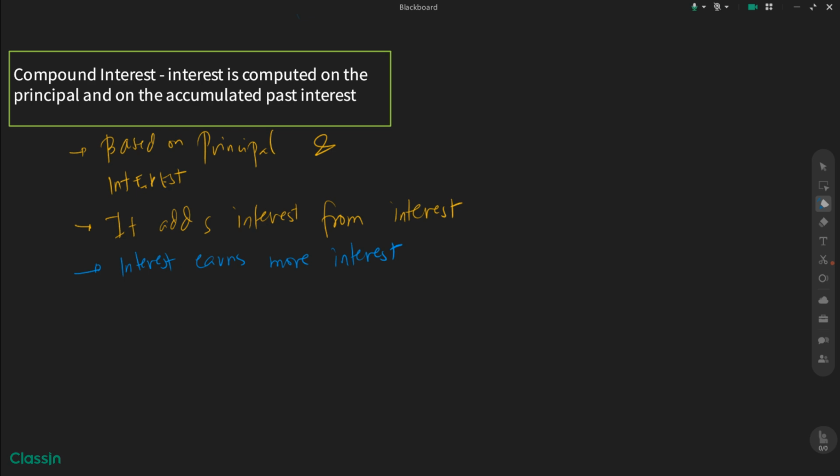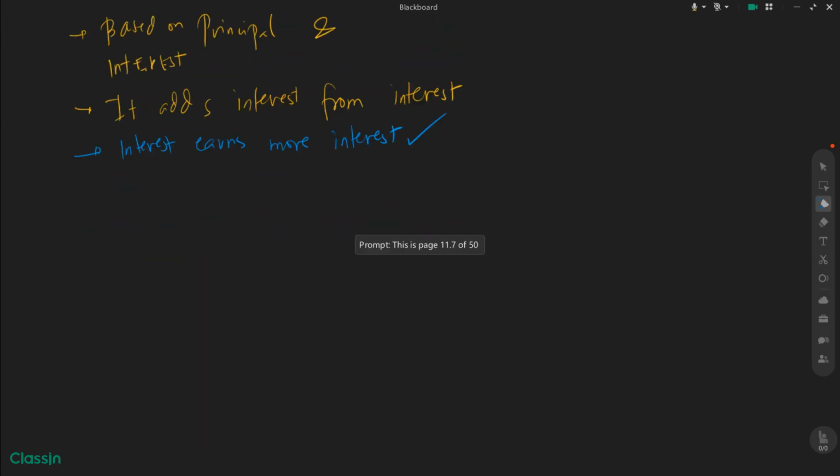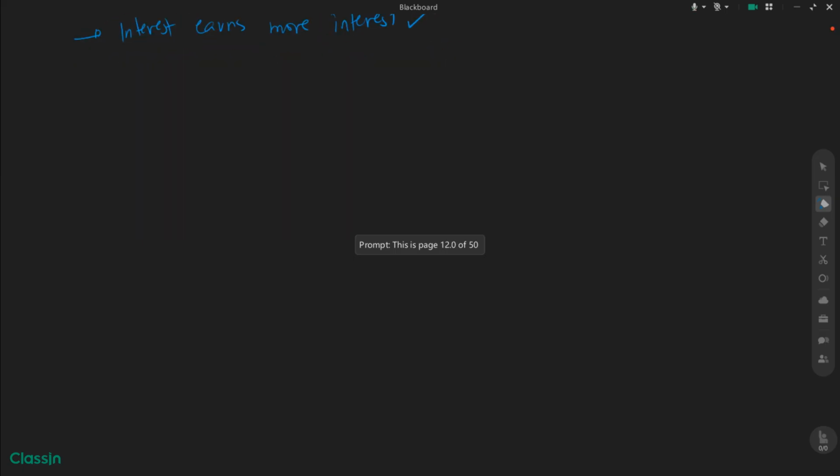So it adds interest from interest, and interest earns more interest. That is our key to ponder. So why does it grow faster? Because every time interest is added, the new total becomes the next period's principal. So how does it work? Let's take an example for you to understand it further.